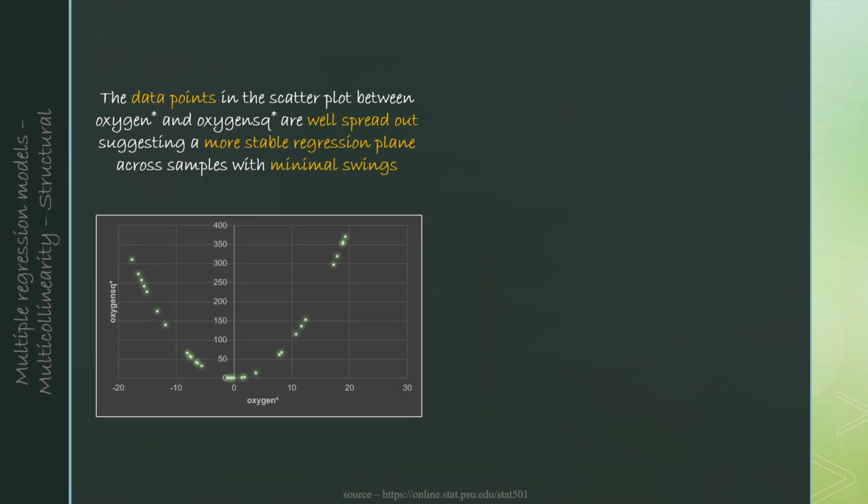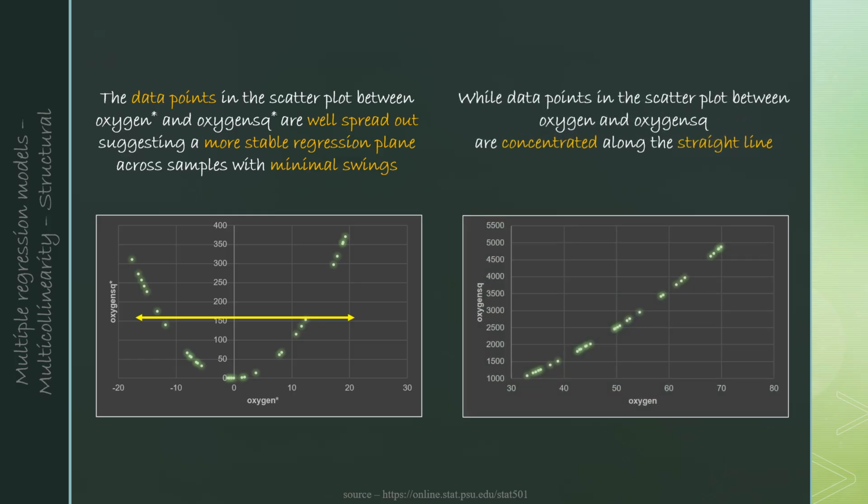The data points in the scatter plot between oxygen star and oxygen SQ star are well spread out, suggesting a more stable regression plane across samples with minimal swings. While data points in the scatter plot between oxygen and oxygen SQ, as already discussed, are concentrated along a straight line.